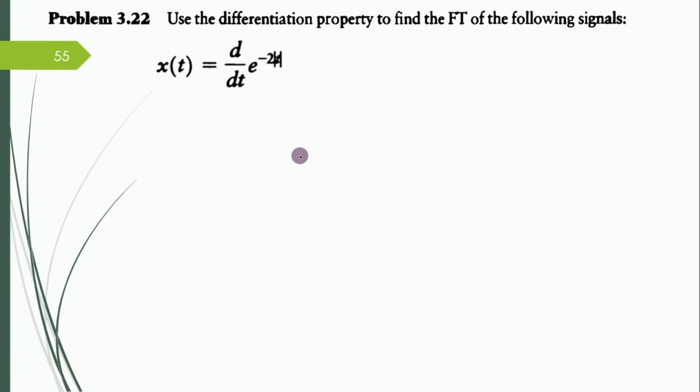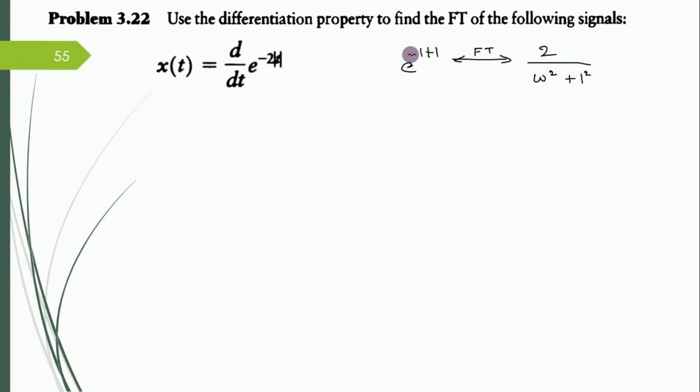The problem is you need to remember all these things. That's the only complicated thing. e raised to minus mod t, its FT pair is 2 divided by omega square plus 1 square. That's how you need to write.